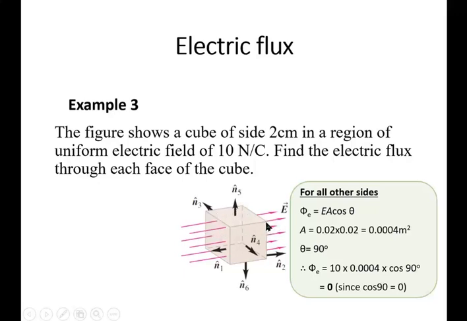If the electric field is in this direction, then the top surface will have a unit vector which is 90 degrees to the electric field. So that will make the flux through this surface 0. Likewise for N3, N6, and then N4. Everything else will be 0.